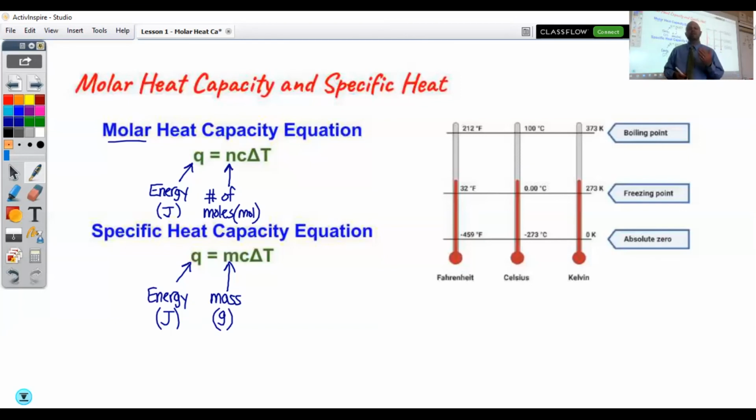So the constant in terms of the top one is called the molar heat capacity constant. And in the case of the bottom one, it is called the specific heat capacity constant.